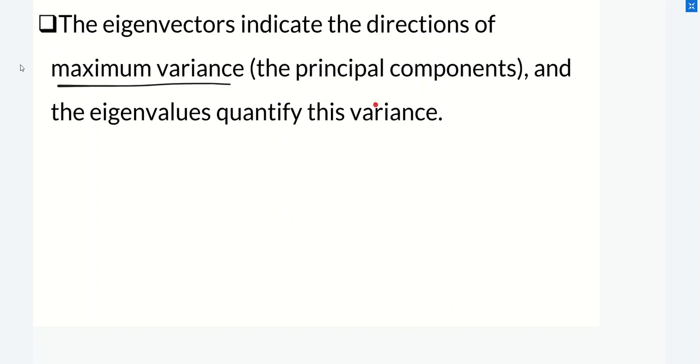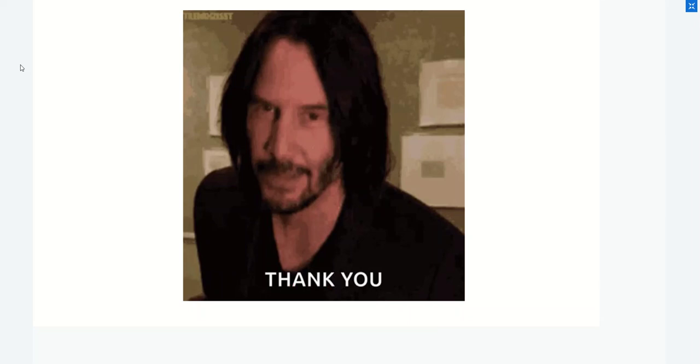Then the eigenvalue will quantify this variance. One of them is showing the direction of the variance, the other one is going to quantify the variance. You get it? These are the concepts that we need to start applying in our machine learning journey as data scientists and also machine learning engineers.